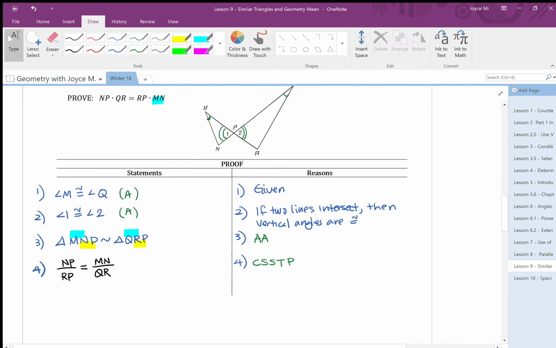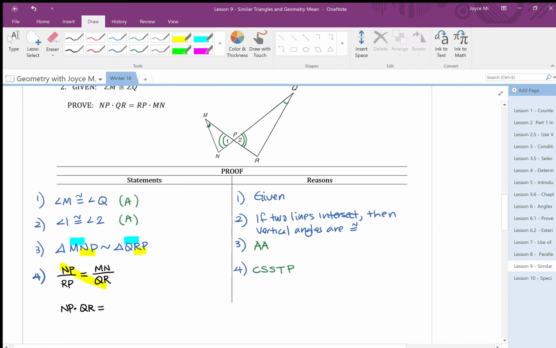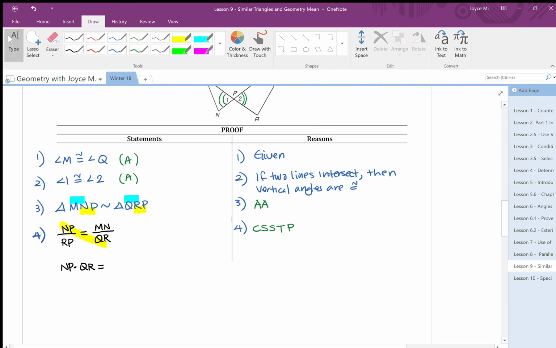Now I look at what I wanted again. Notice when I'm doing the proof, I keep looking back at what I want. In what I want here, I want the cross product of NP times QR. Well, NP times QR is just this direction here. So I can rewrite it. NP times QR is equal to RP times MN, which is the other direction.